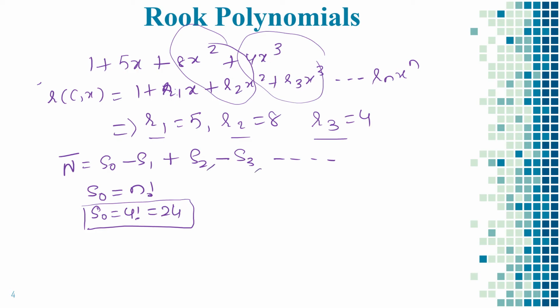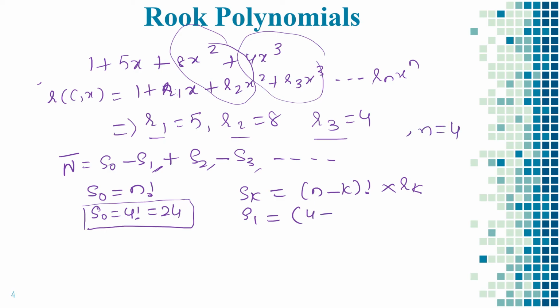So we have the formula sk is equal to n minus k factorial into rk. So here we need to calculate s1. So I'm going to take it as s1 is equal to, the n value is 4. We know n is equal to 4 because there are 4 boys.